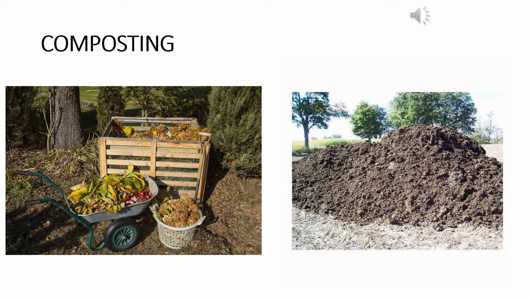Then we need to cover it with a layer of cow dung and some mud, a watery mixture of cow dung and mud. This cow dung mixture contains a lot of decomposing bacteria and fungi which are going to act on the refuse.